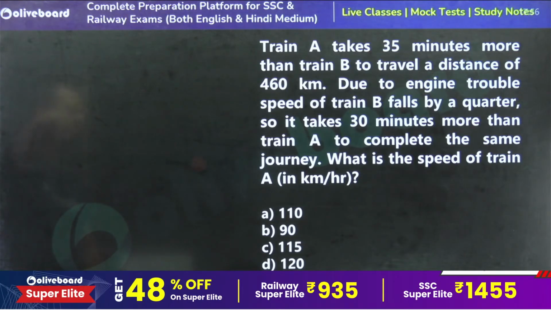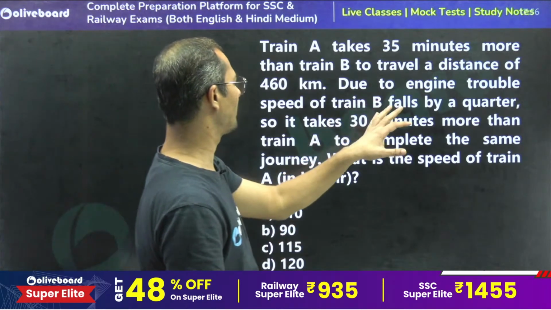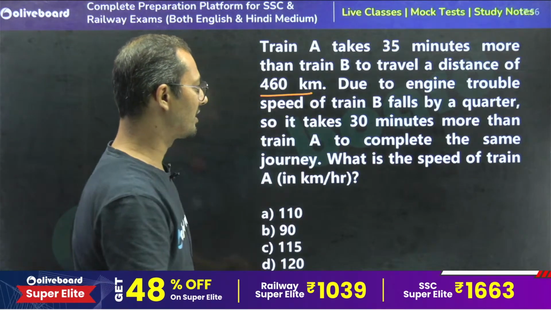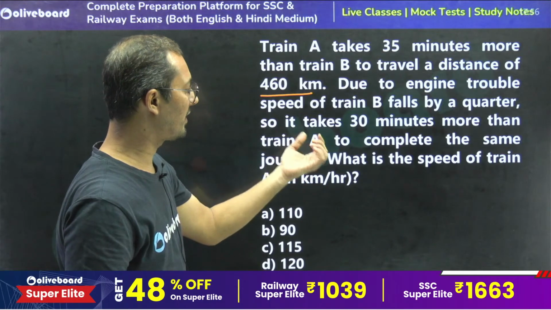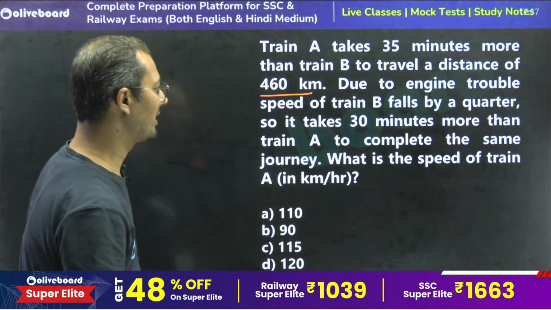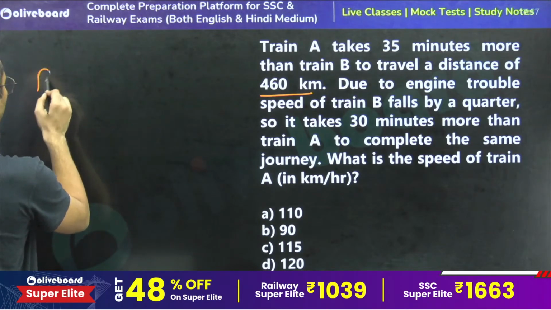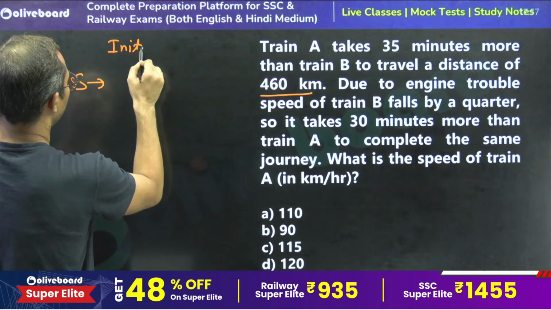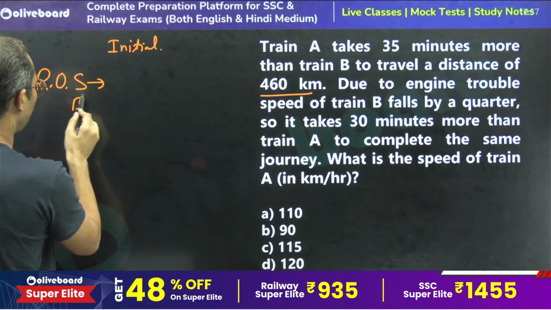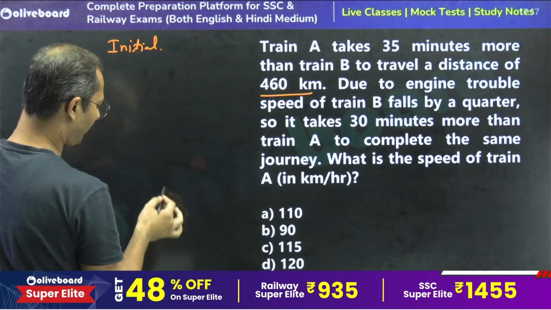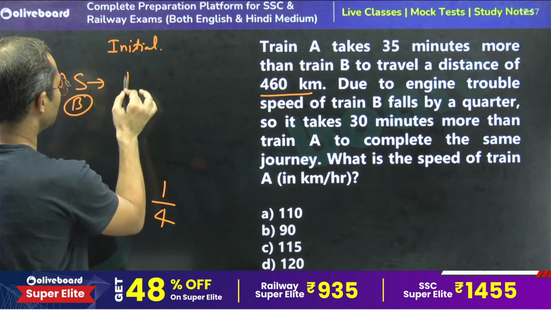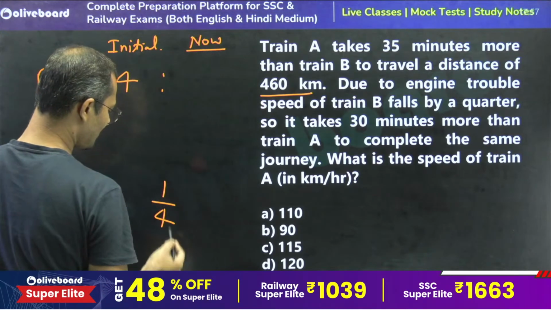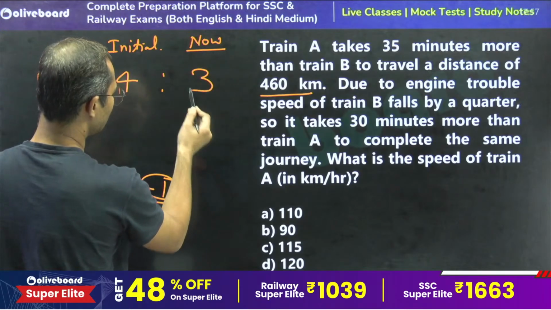See, train A takes 35 minutes more than train B to travel a distance of 460 km. Due to engine trouble, the speed of train B falls by a quarter. So the speed of train B initially was, suppose, 4 units, and after the accident it is 1 less, so 3 units, right?